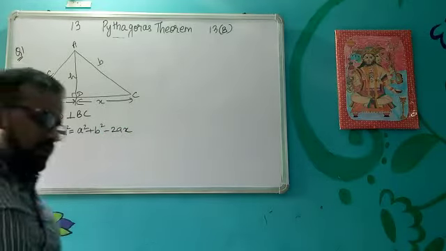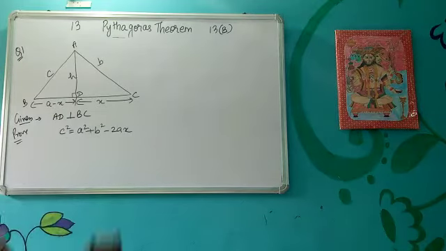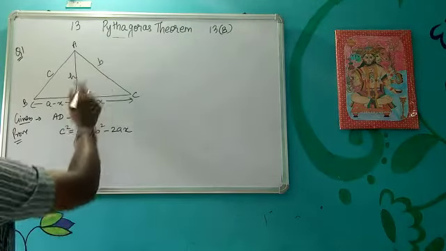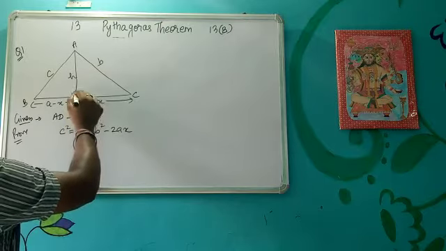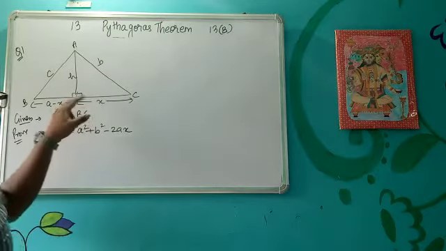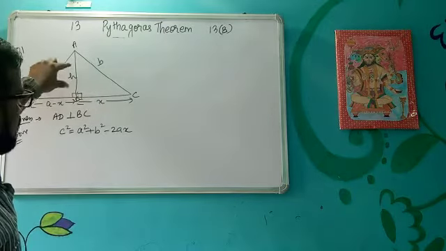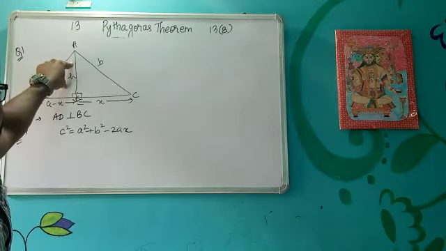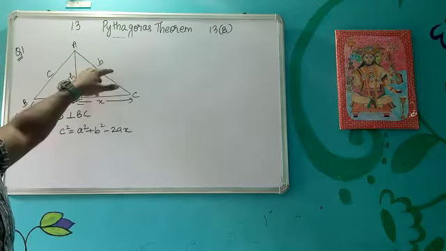Okay, so this we have to prove in this. So if you see very carefully, since AD is perpendicular to BC, that means there are two right angle triangles. In these two right angle triangles, this height is common in both. So this will be our factor because our proof does not contain h.